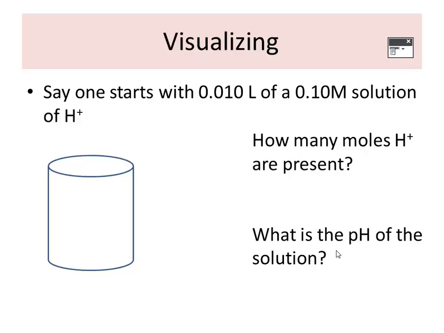Okay? So let's say that I start with 0.1 liters of a 0.1 molarity solution. So answer this question real quick. This is the volume. Remember, this is molarity. That's what the capital M stands for. So my moles, let's go back to the triangle for a second.